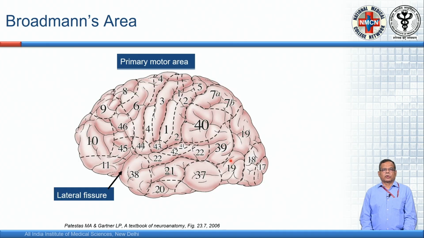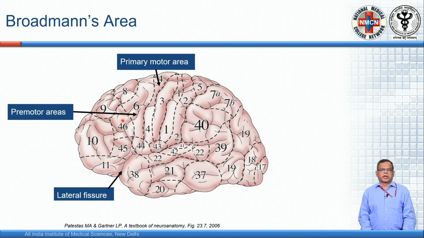Brodmann's areas. According to the cytoarchitecture of the brain, Brodmann classified the areas into 52 and named them accordingly 1 to 52. Here you can see the different numbers. The primary motor area is area 4, responsible for execution of motor movements.